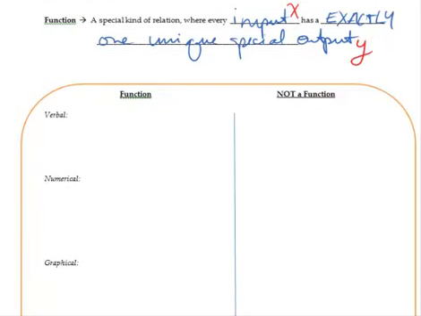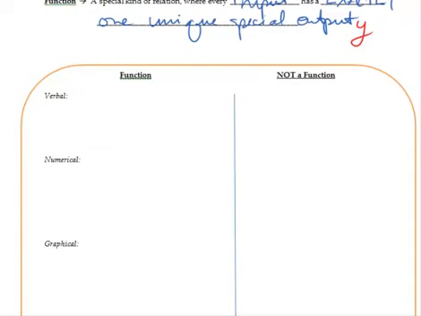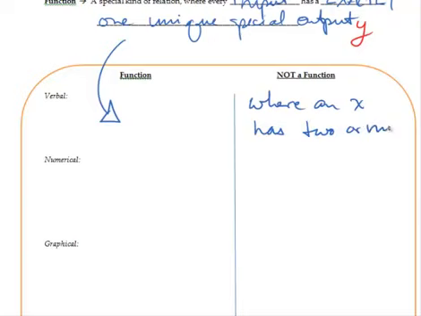Okay. So a function, that would be our verbal definition right here, would be what we just said. Not a function is where an x value has two or more y values attached to it.